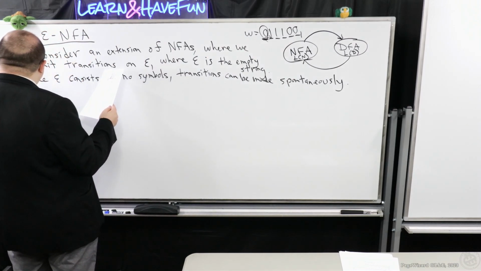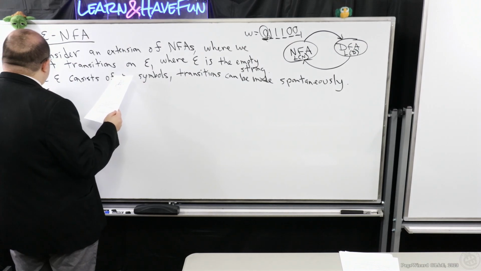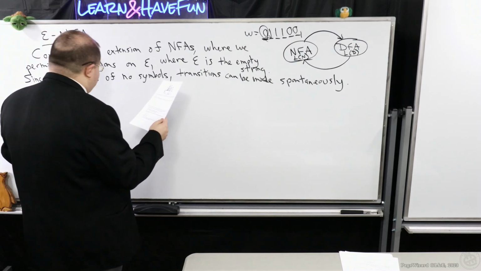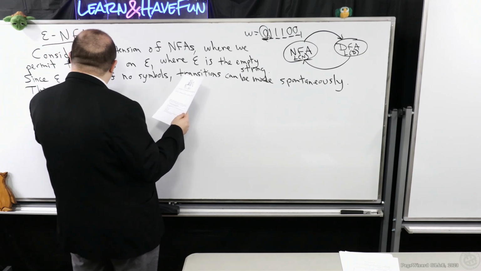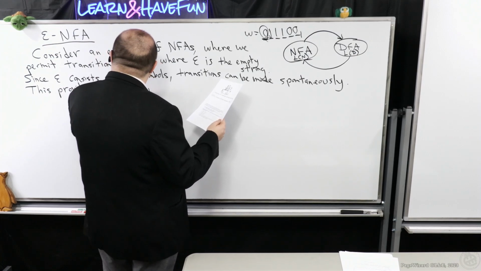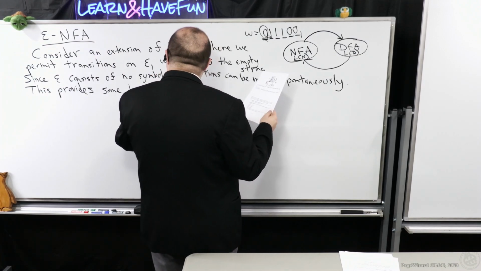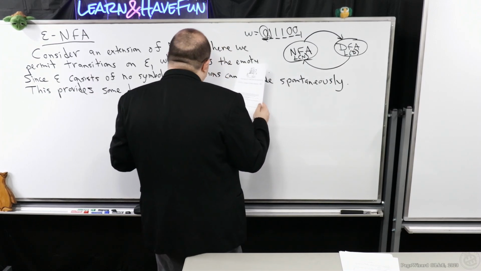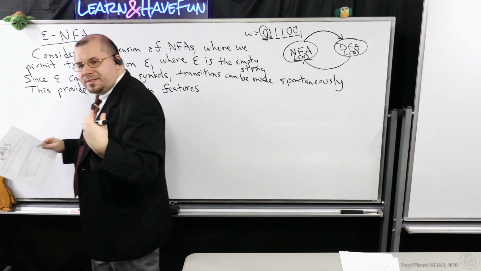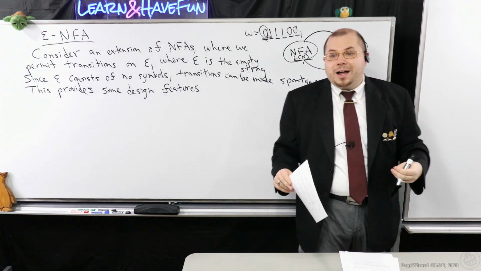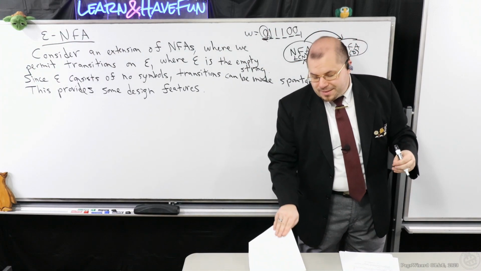So this provides some new design features. And I must emphasize these are design features. I thought I'd give you a couple of examples of so-called Epsilon-NFAs, which we're going to define after we see the two examples.